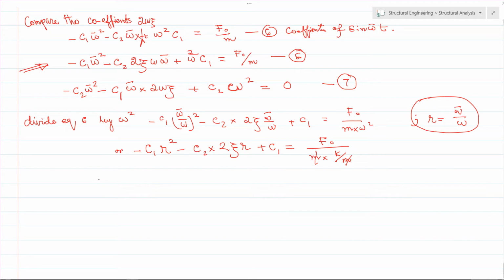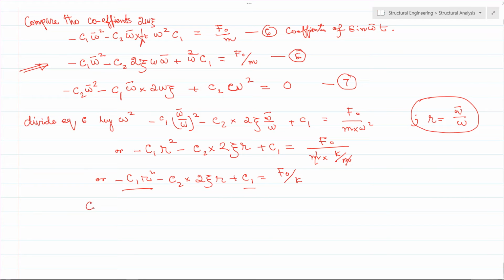Therefore, minus C1 R square minus C2 into 2 times xc R plus C1 will be equal to F naught over K. Further, we can combine these two.